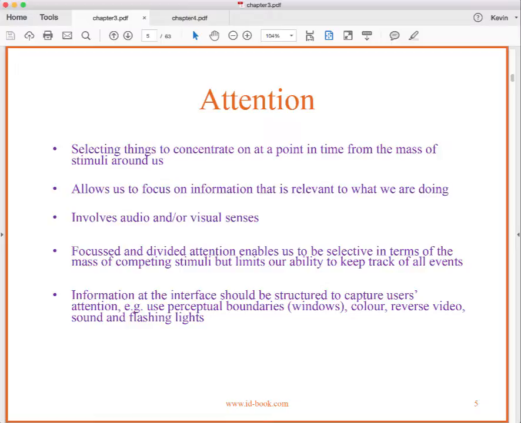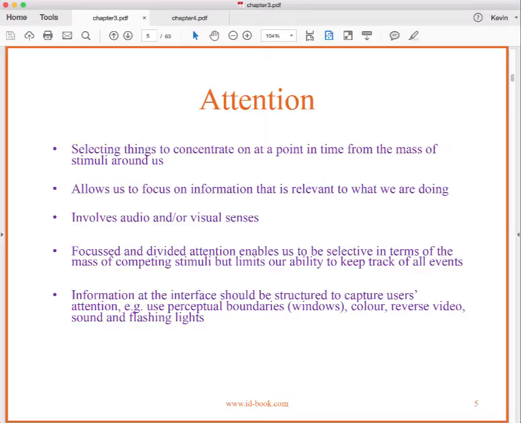So information at the interface should be structured to capture users' attention. It should use perceptual boundaries, things like windows. It should use color, reverse video, sound, and flashing lights. So there are all kinds of things that we can do to call more attention to some particular bit of information so that it stands out in the field of other information.